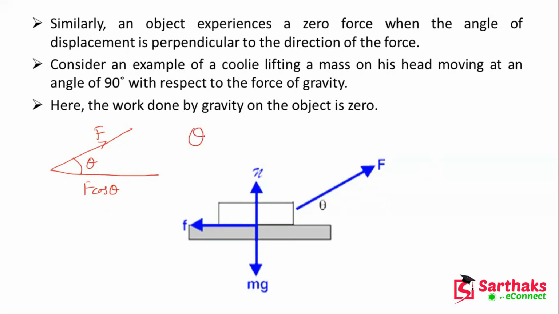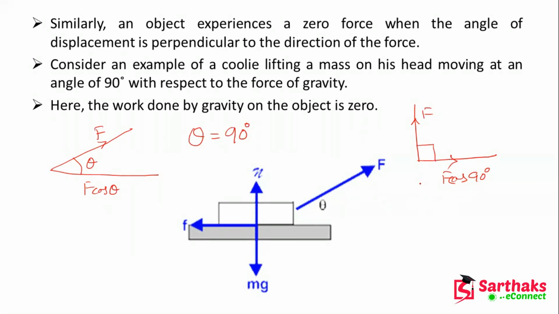Now, if theta equals 90 degree, this is force and this is F cos theta, F cos 90 degree. At that time, you can see that you have zero force when the angle of displacement is perpendicular to the direction of the force.